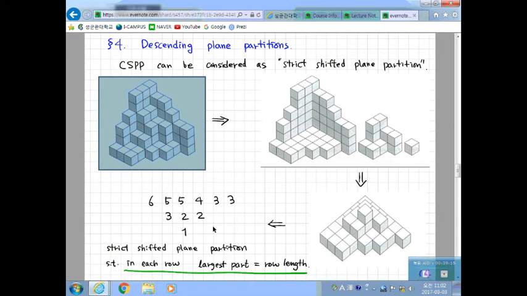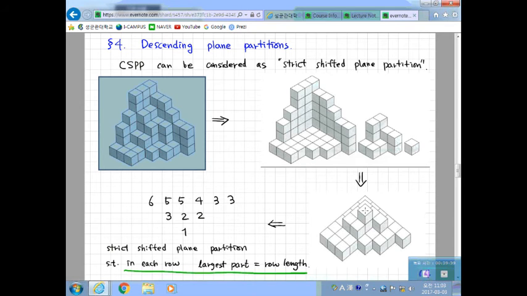And we have to have this condition. This is a shifted plane partition, but strict. That means if you go down, it has to be strictly decreasing. Can you have a 5 and 5 here? Do you think you can have 5 and 5? No, we cannot. Why?